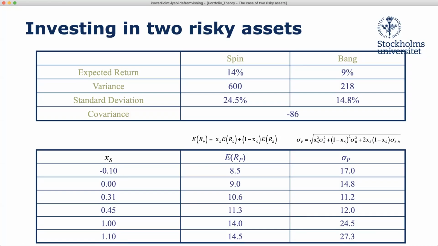We could obviously also consider portfolios which imply a strictly positive investment in both the stocks. A weight of 0.45 or a weight of 0.31 in Spin are examples of this.